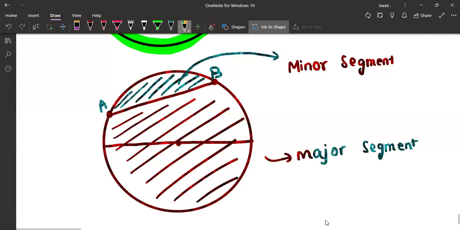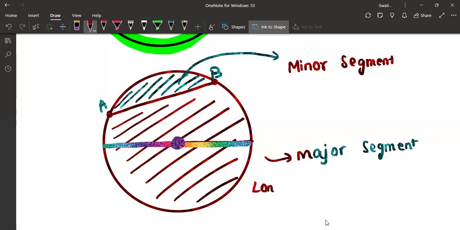Yes or no? Right? And that longest chord which passes through the center of a circle is also called, we discussed it at the start of the class, diameter. Correct?